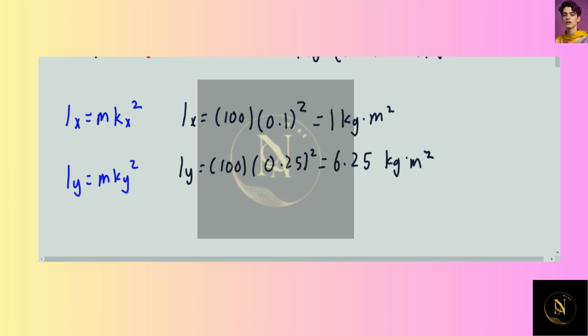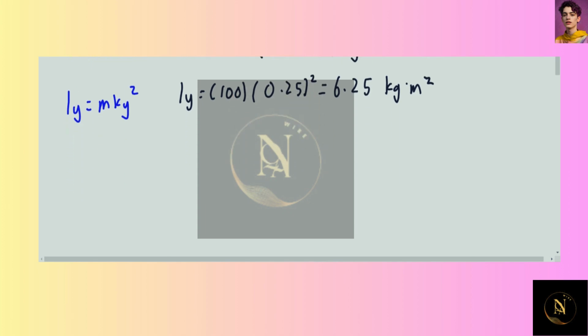Next, we can write the angular velocity in the x direction as the x component of the angular momentum about point G divided by the x component of the moment of inertia.